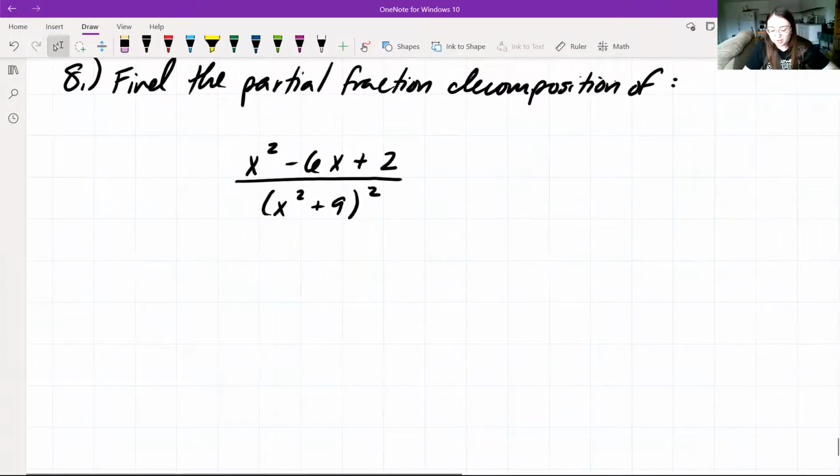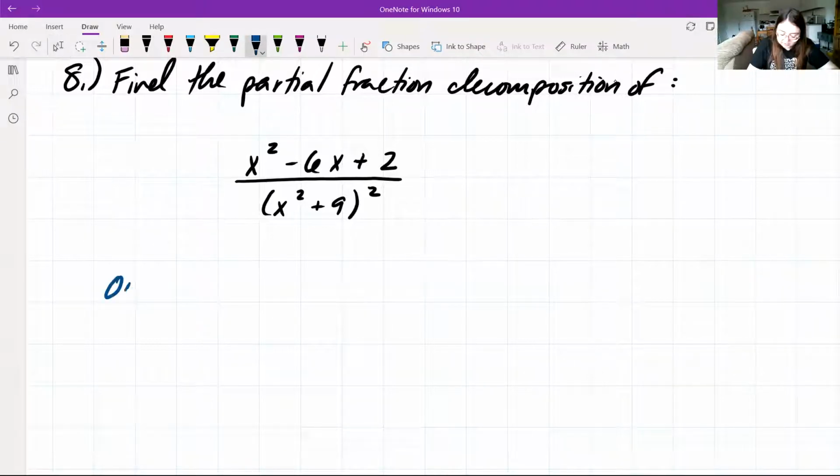So if we look at our problem here, we have x squared minus 6x plus 2 divided by x squared plus 9, which is squared. So in this case, x squared plus 9 is irreducible. We also see that it's squared, which means it's technically the same thing as saying x squared plus 9 times x squared plus 9. So it's going to be repeated.